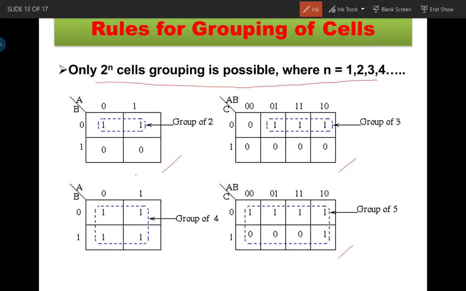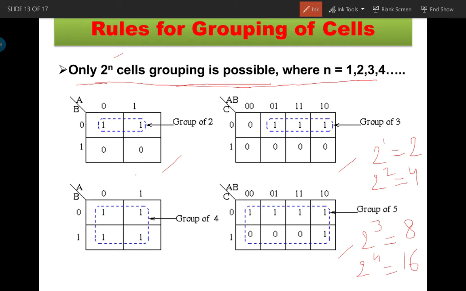That is given here, that only 2 raised to power n cells grouping is possible, right? So we can make a group of 2 raised to power 1, that is 2. We can make a grouping of 2 raised to power 2, that is 4. We can make a grouping of 2 raised to power 3, that is 8. We can make a grouping of 2 raised to power 4, that is 16, right?